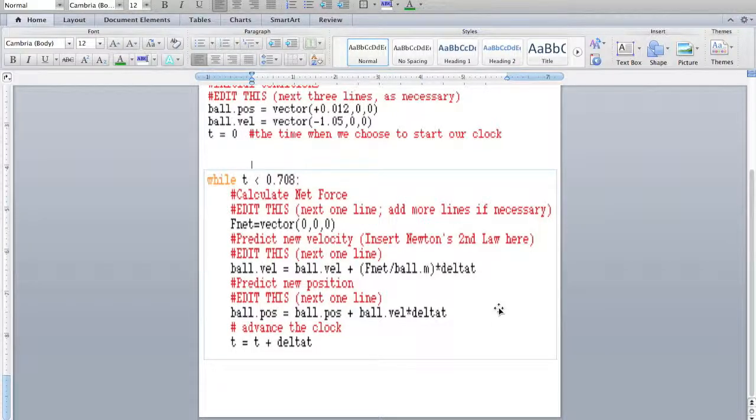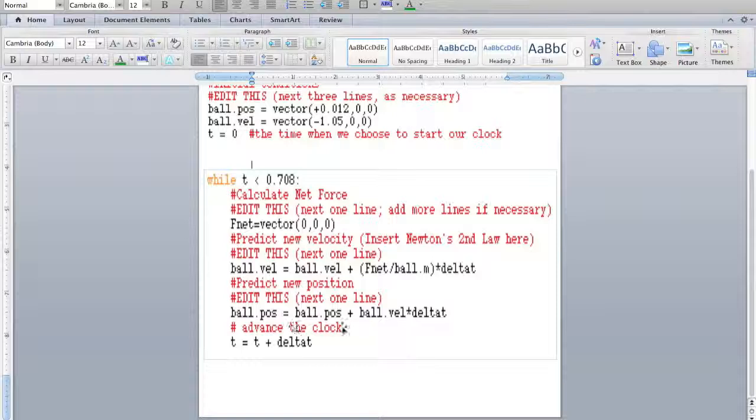The velocity equation is the next line of code defined, which is right here. ball.vel is equal to ball.vel plus fnet divided by ball.m, which is the mass of the ball, times delta t, which is 0.708.